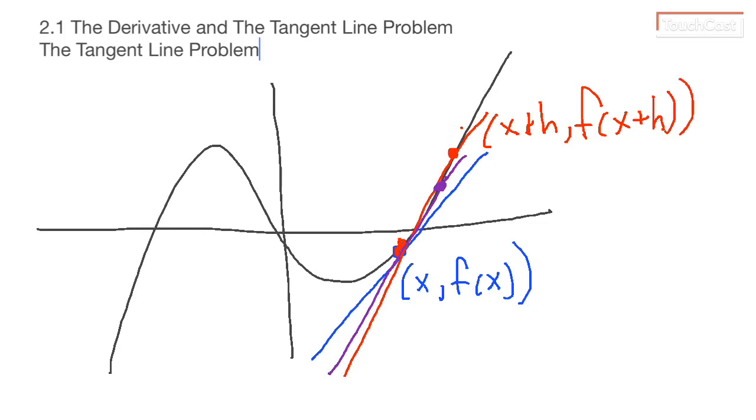Now, we want to recall something from back in algebra. To find the slope of a line, we can use 2 points. We can take y2 minus y1, the y values from each point, and divide them by x2 minus x1.